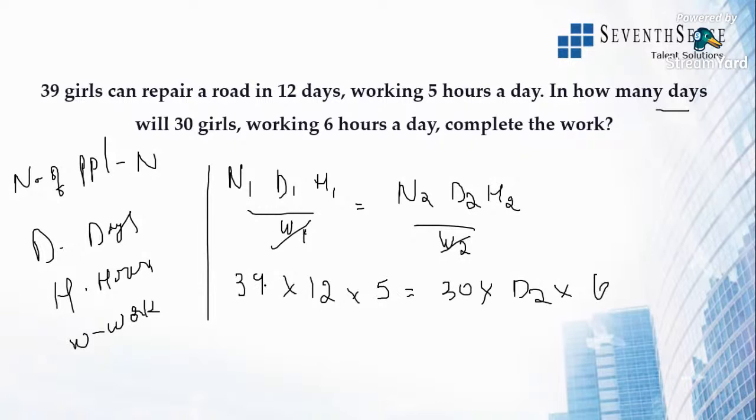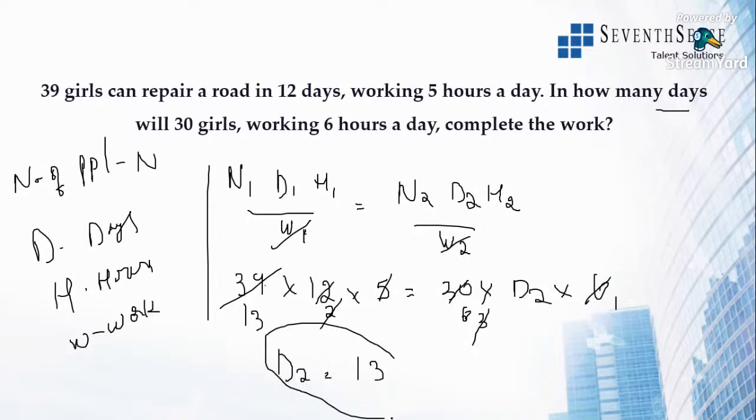So solve this now. 5 ones are 5, 6 are... 2 ones are 2, 3 ones are 3, 13s are. So 30 girls take 13 days working 6 hours a day to complete the same work, to repair the road.